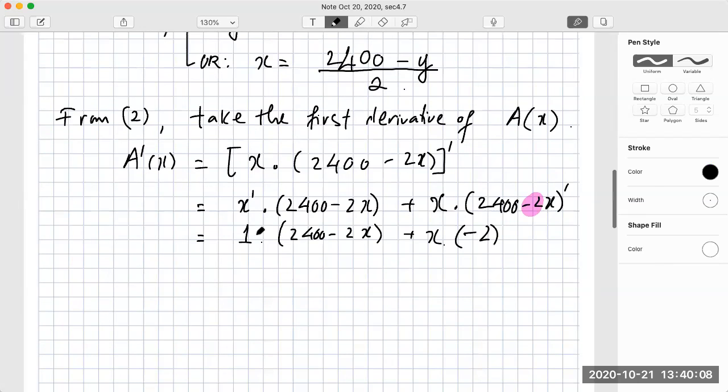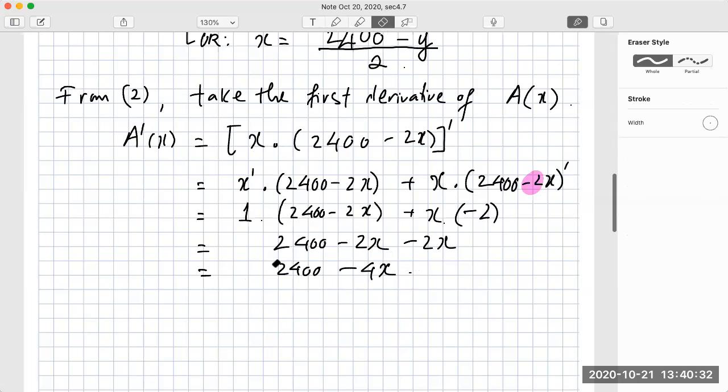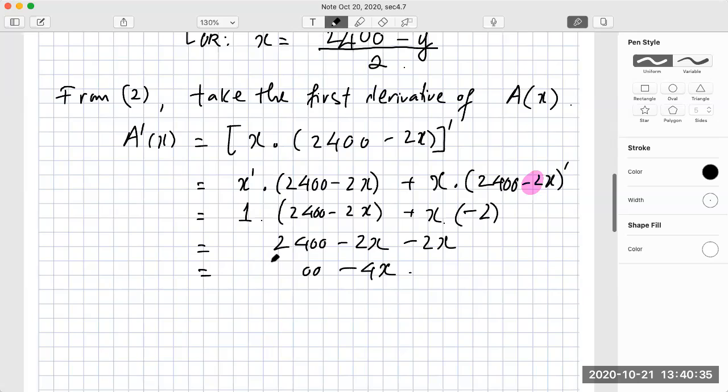Then if we do this, 1 multiplied with this would be simply 2400 minus 2x, and then minus 2x again, right? So we can write it 2400 minus 4x. Let us write it: 2400 is 4 times 600. Do you agree? Okay. So what is the like term of these two guys? 4.